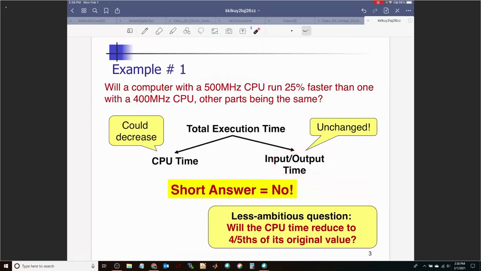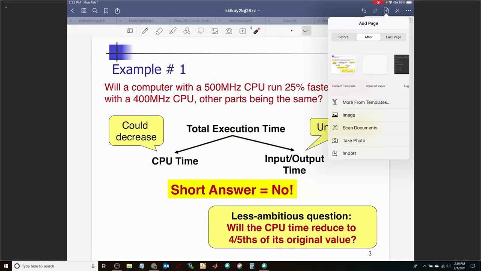How much time is being taken because of data moving from an IO device to the CPU, to the memory through the CPU, right? So that's IO time. So even if this is unchanged, because of improvement in the performance, we may decrease the CPU time or we may not decrease the CPU time, right? So that depends. Let me take a look at this in a slightly different manner. So I'll add a page here.